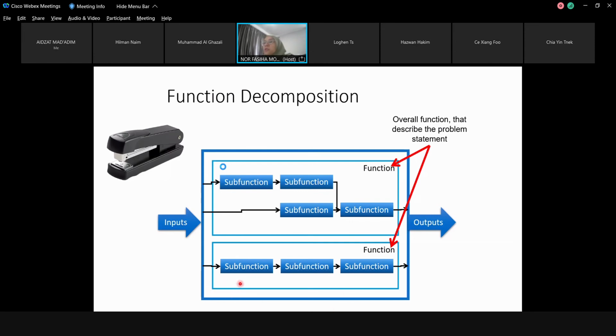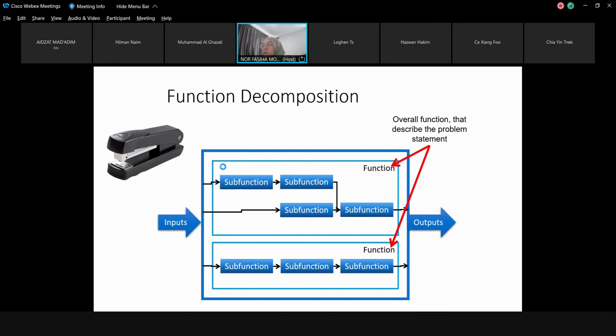So the first one is to staple papers. What are the sub-functions? The inputs are the staples, the papers, and the user force, because the user has to press.